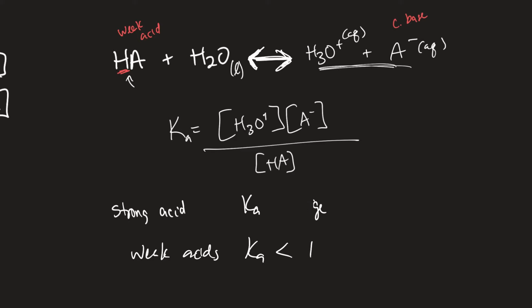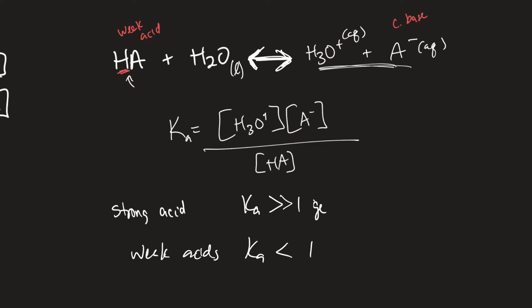So strong acids have Ka values that are greater than 1, actually much greater than 1, while weak acids have Ka values that are less than 1. And the weaker the acid, the smaller that number.